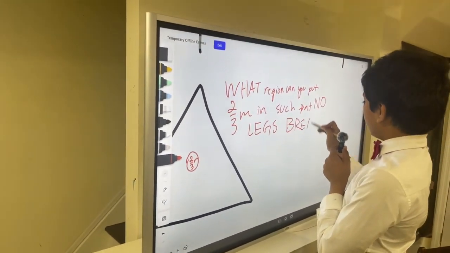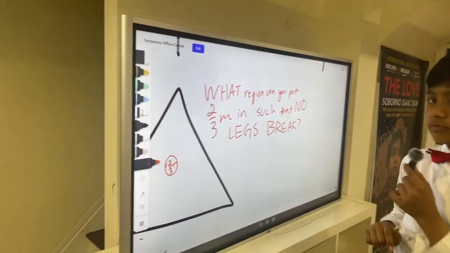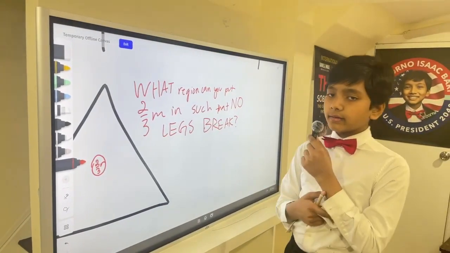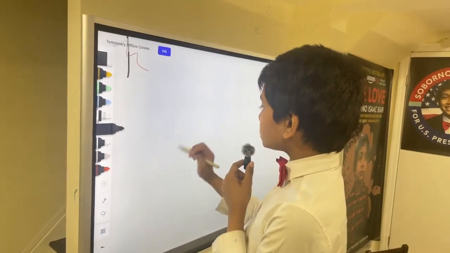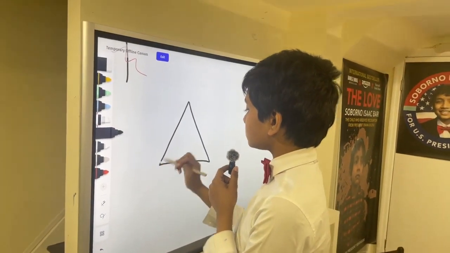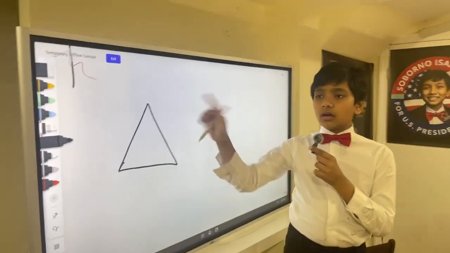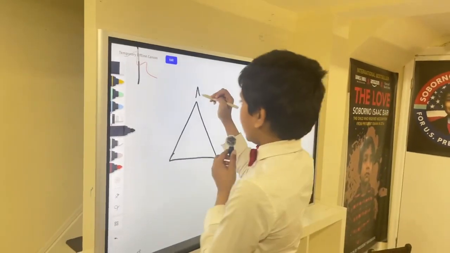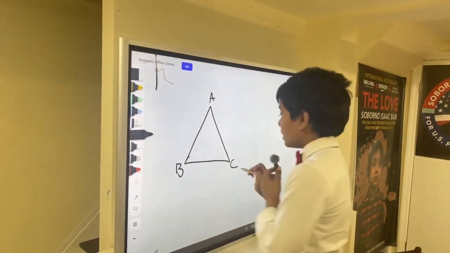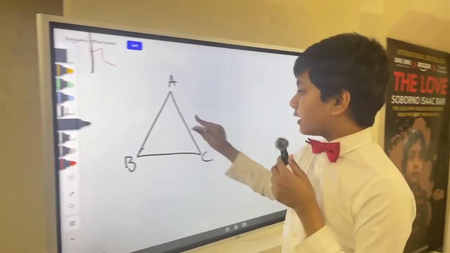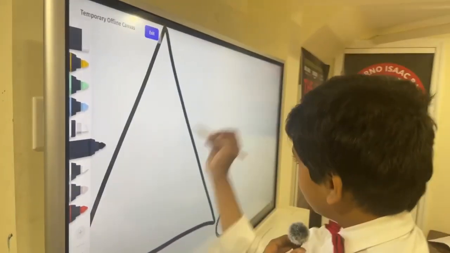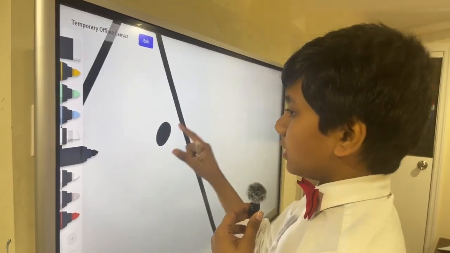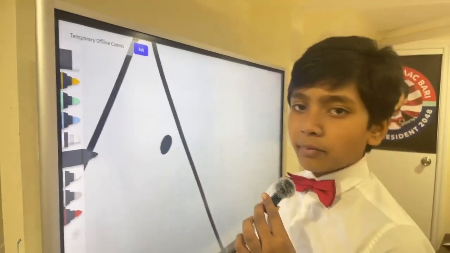This is a tricky one, and it requires a lot of intuitive thinking. So first of all, let's have our three vertices, A, B, C. So now, if we take any point in the triangle, this is where our mass is going to be.